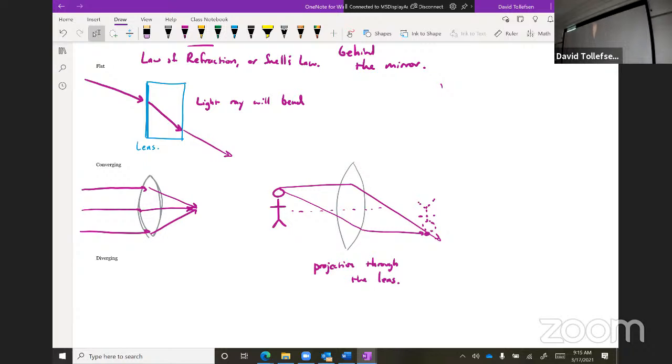If I can hold it up. There you go. Do you see the flame is upside down? Yes, no. Yeah. Pretty cool.